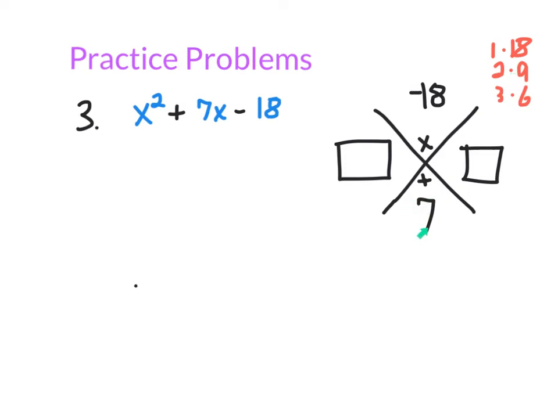You just have to determine which one's positive and which one's negative, because when you multiply them, it has to be a negative 18. Well, if you need to end up with 7, then you're going to need your 9 to be positive and your 2 to be negative. So we would have 9 times negative 2, because 9 minus 2 equals 7, and 9 times negative 2 equals negative 18.